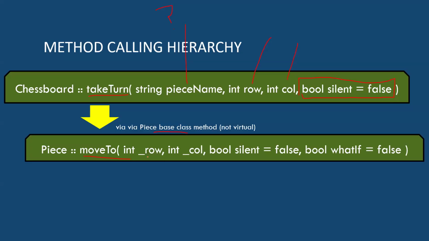It's going to be like, oh, can I move to here? Is there another piece at that location that I have to capture, etc.? And it's going to pass along the silent, right? Whatever the silent level was here, it's going to be passed down to this move to method here, right? And there's even a Boolean what if in case we have to reset the board.